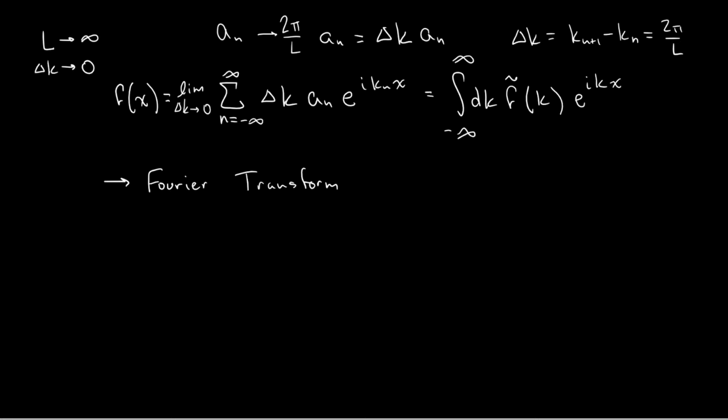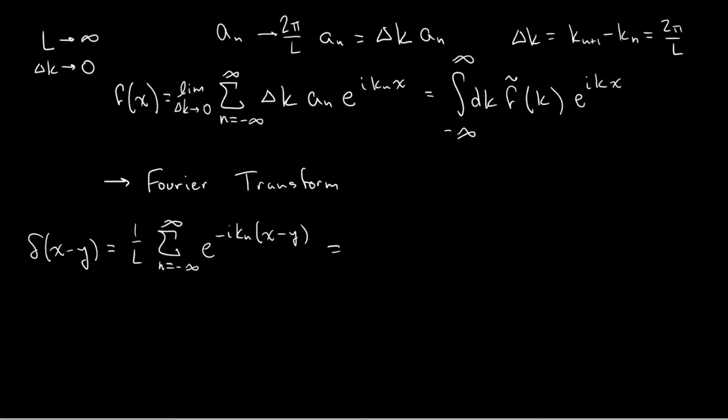So it turns out that we can, and to see it, we can look back at our delta functions. So remember that our delta function, delta x minus y, is equal to 1 over L times the sum from n equals minus infinity to infinity of e to the minus i k sub n times x minus y.